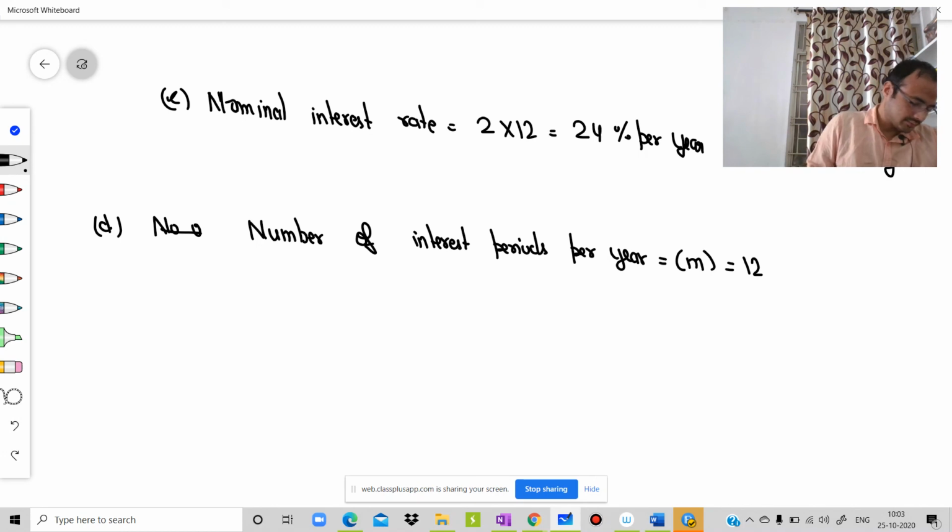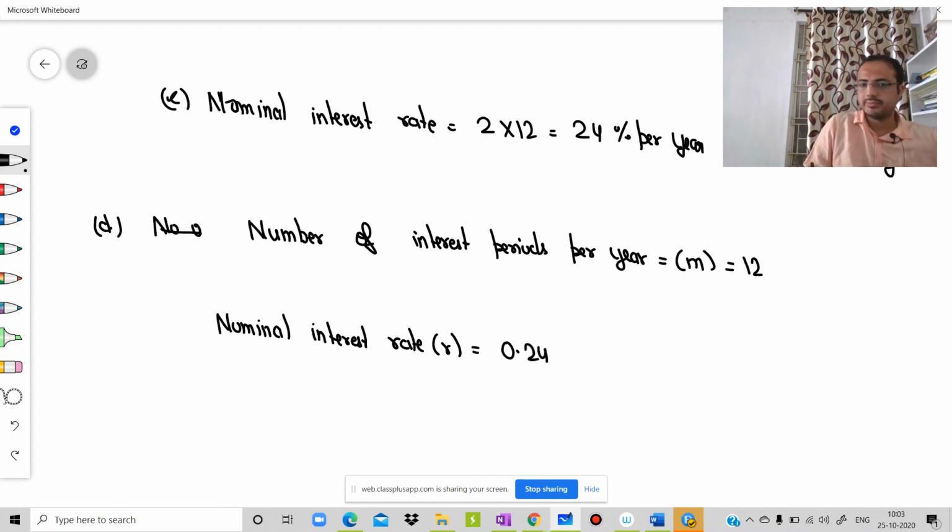The nominal interest rate R is 24% per year, compounded monthly.